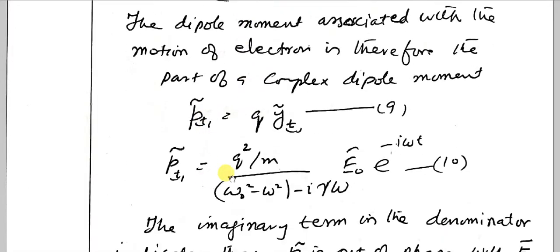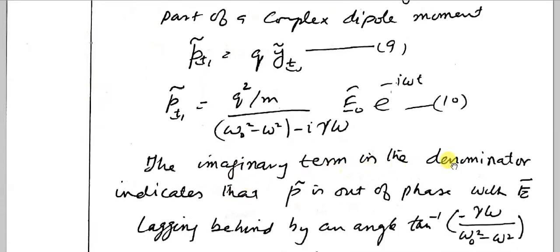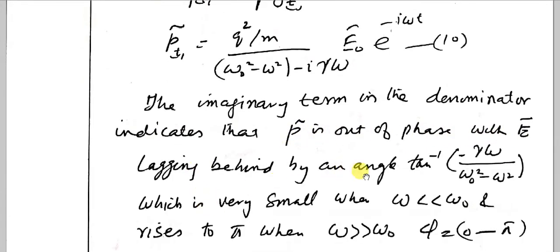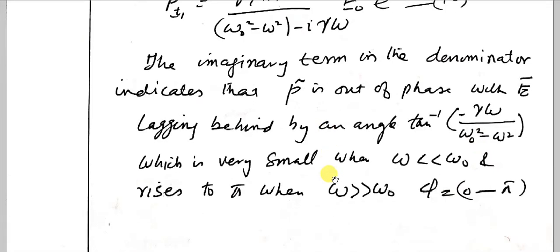Now the imaginary term in the denominator indicates that p, the complex dipole moment, is out of phase with E, lagging behind by an angle tangent inverse of minus gamma omega by omega naught square minus omega square, which is very small when omega is far less than omega naught, and it increases to pi when omega is far greater than omega naught.